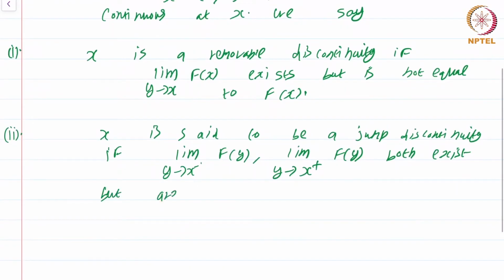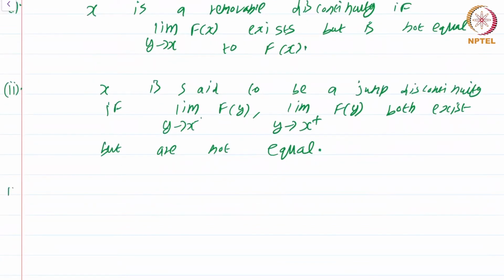Well, again, the terminology is very explanatory. When you approach from the left and when you approach from the right, both limits exist but they are not equal. So there is a jump happening at the point x. Okay, so again the terminology is very nice.